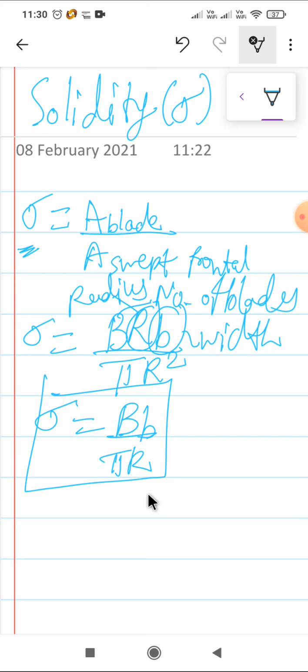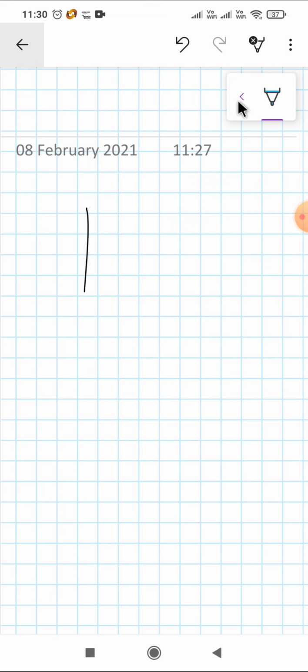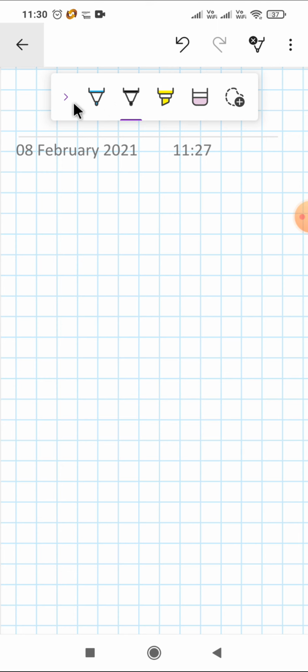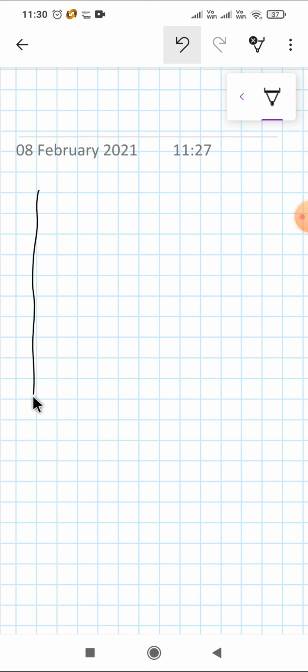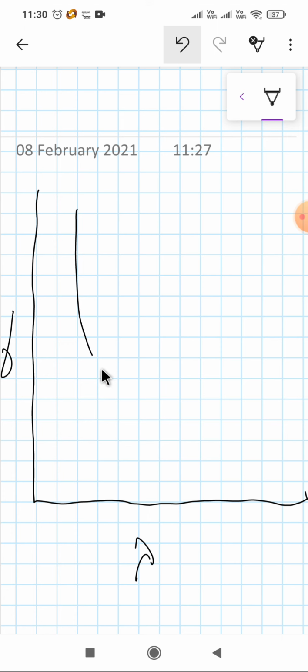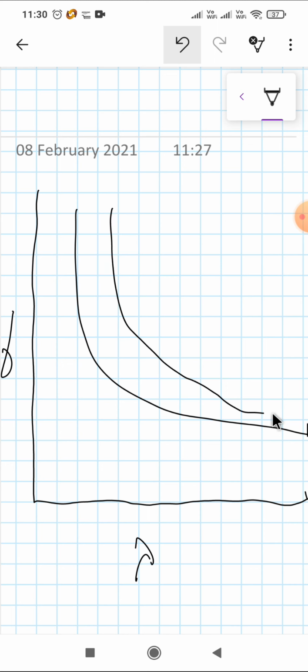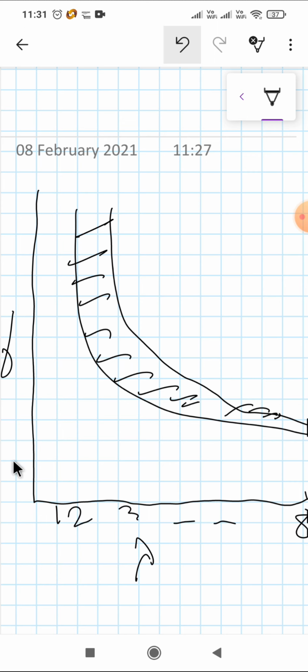If we plot a graph of tip speed ratio versus solidity, with tip speed ratio from 1 to 8 and solidity from 0.1 to 0.6, we will get a graph in such a manner.